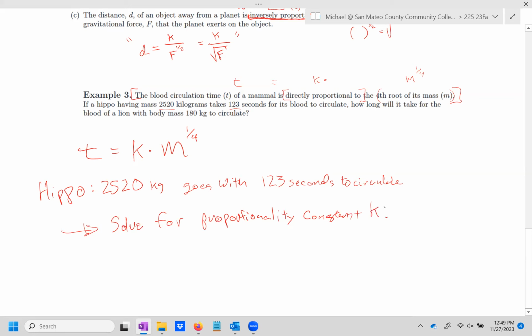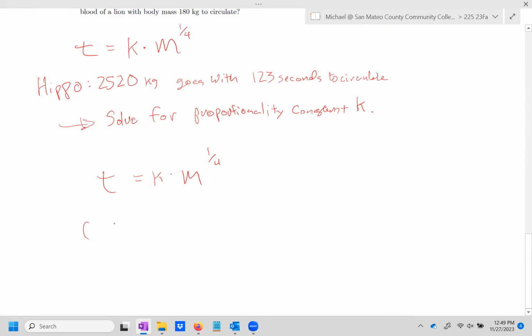Basically you're just plugging in the points. You substitute, right? So T equals some constant K times M to the 1/4. For the hippo, we just substitute things and then solve for K.